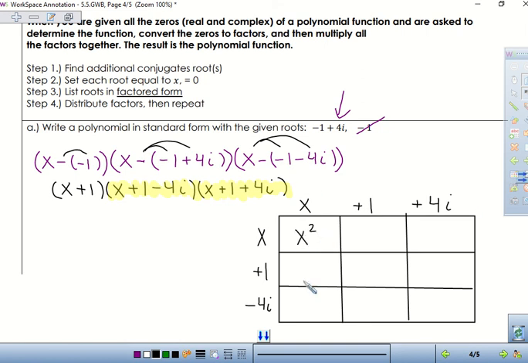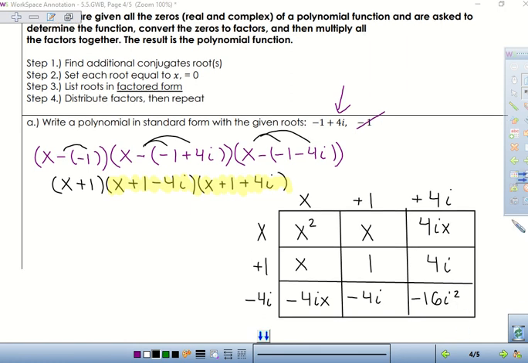So we got x squared, x, negative 4ix, x, 1, negative 4i, 4ix, 4i, and lastly we get negative 16i squared. Now what do we know that negative 16i squared is equal to? Positive 16, because i squared is equal to negative 1.